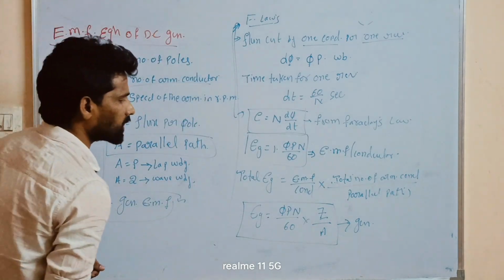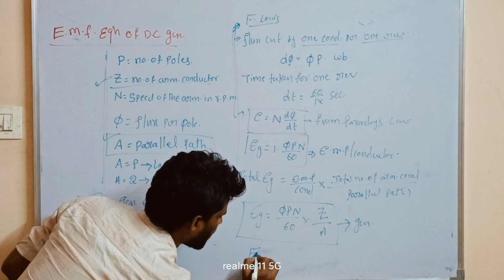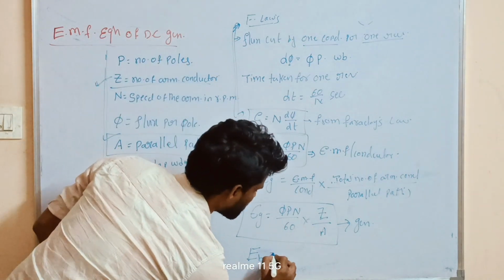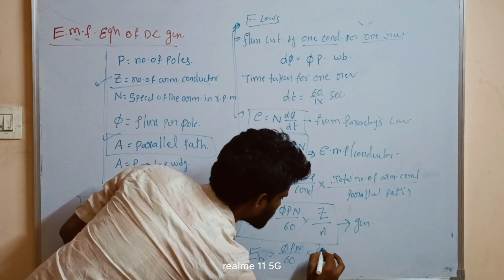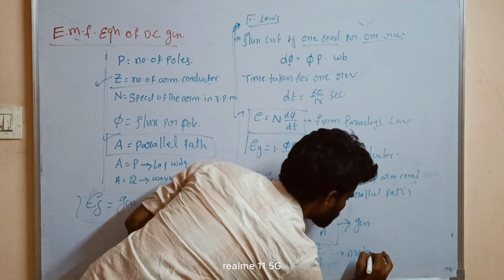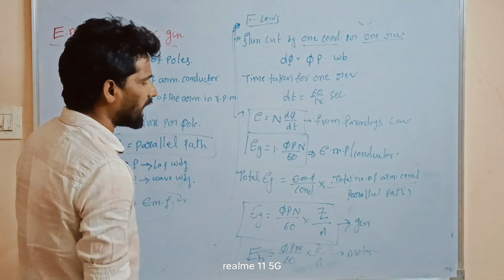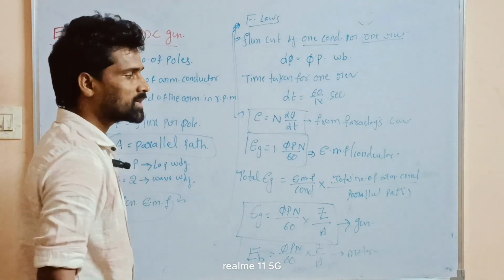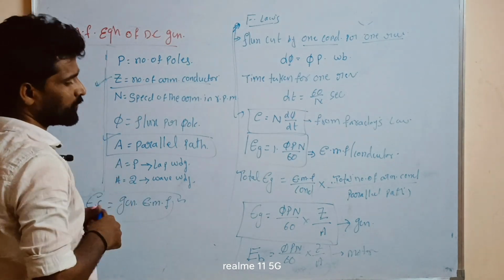Similarly, for a motor, it is called back EMF, Φ P N by 60 into Z by A. In terms of a motor, it is called back EMF. In terms of a generator, it is called generated EMF. So this is the EMF equation for a generator.